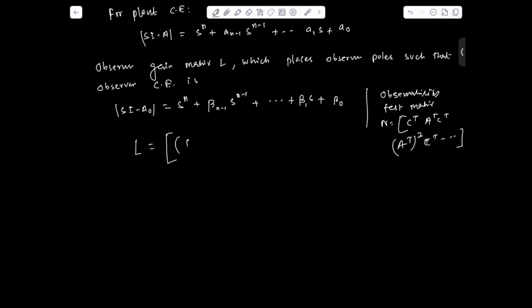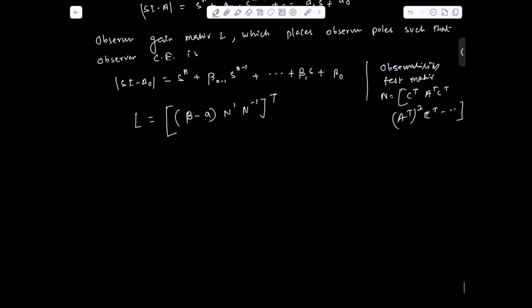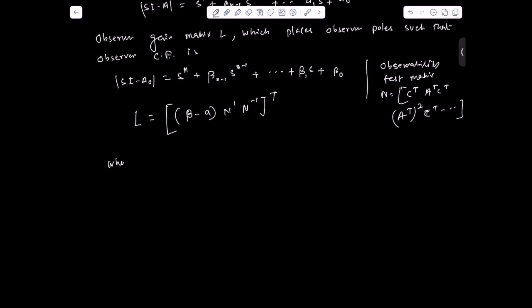The same process you can follow: L equals beta minus A, where the coefficients come from the system characteristic equation, times N dash N inverse transpose. Here beta equals beta n minus 1, beta n minus 2, through beta 1, beta naught, and this is the transpose.